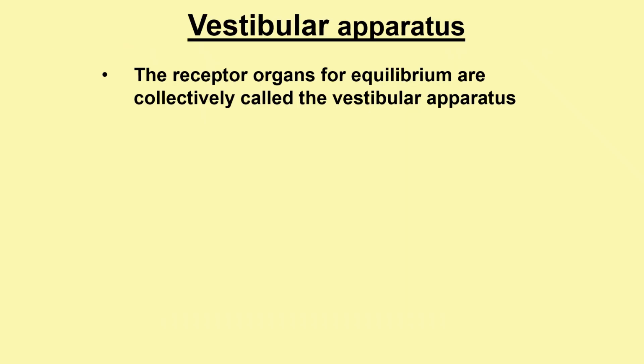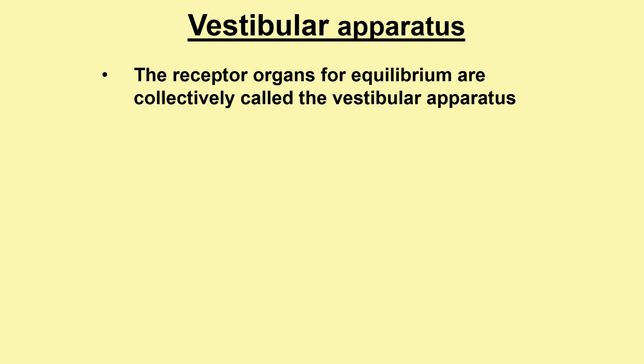The receptor organs for equilibrium are collectively called the vestibular apparatus. It has a role in the regulation of posture and equilibrium. It is a sense organ which is stimulated by gravity and rotation movements, mainly angular rotation.